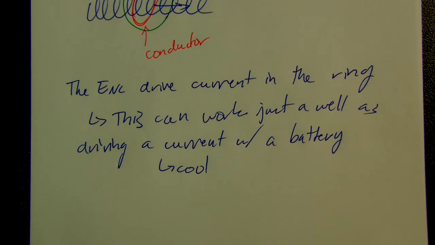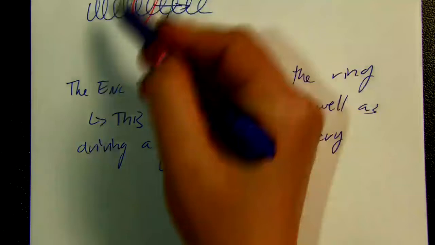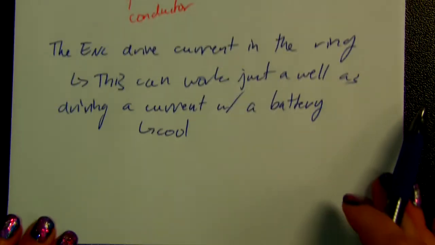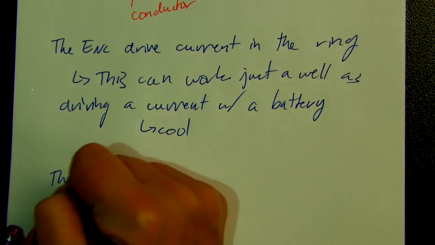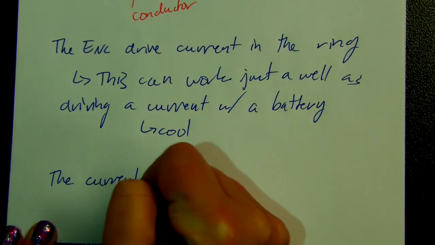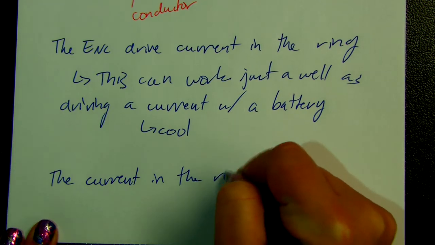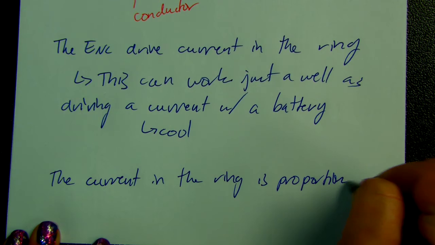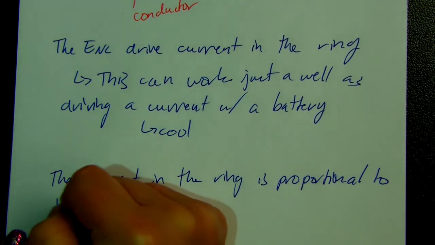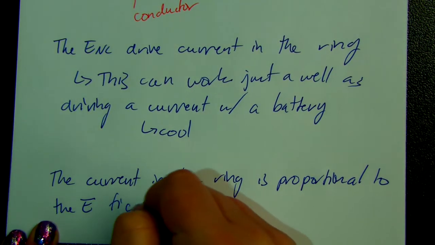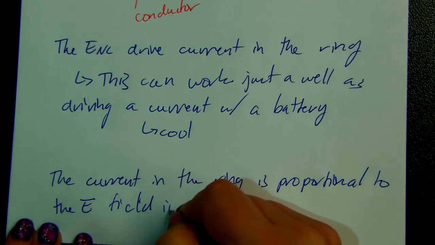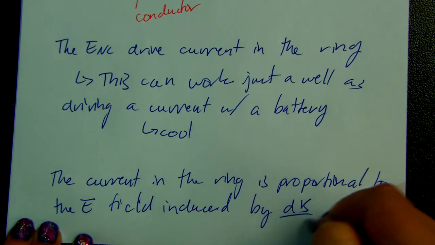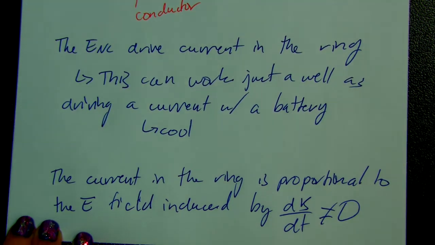So we would then, building on what we know about this magnetic field and its relationship to this electric field that it's generating, it would make sense that the current in the ring is proportional to the electric field induced by this time-varying magnetic field.